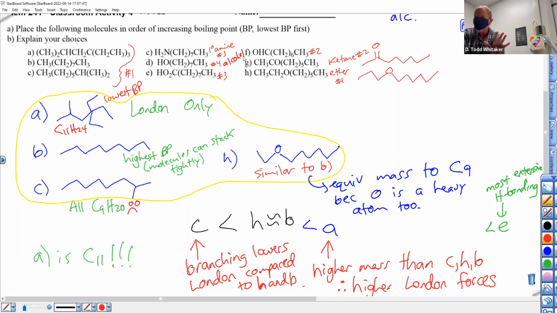I promise. Much less. So it's not even close, folks. Any alcohol is going to beat any amine. Period. And all you have to do is say stronger H bonding than an amine. D is the second best, and the amine would be third best.